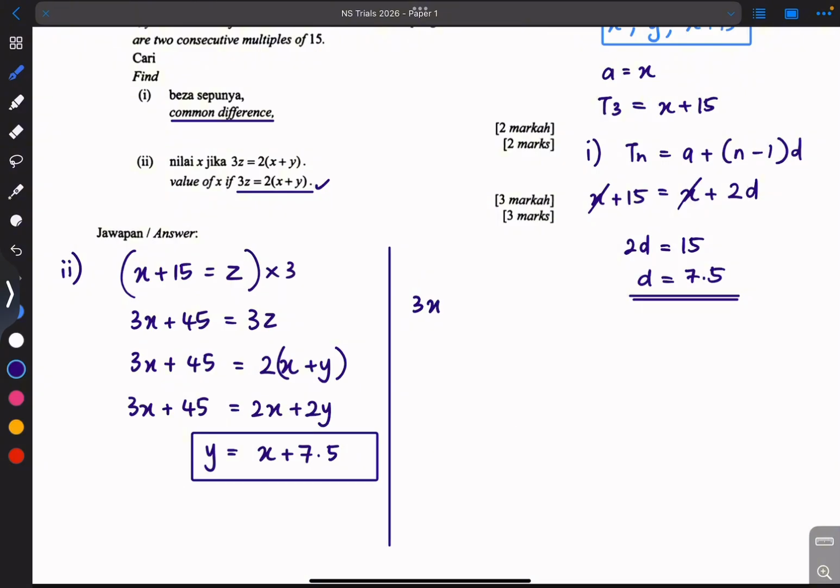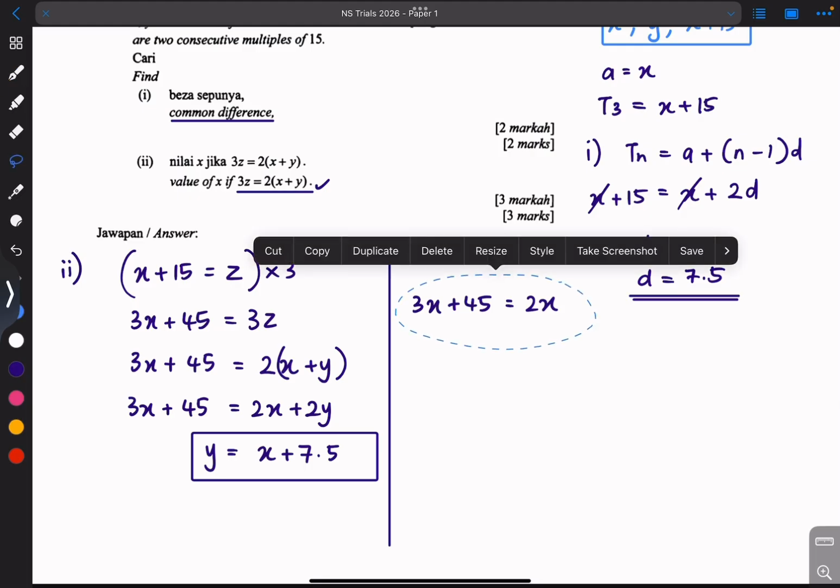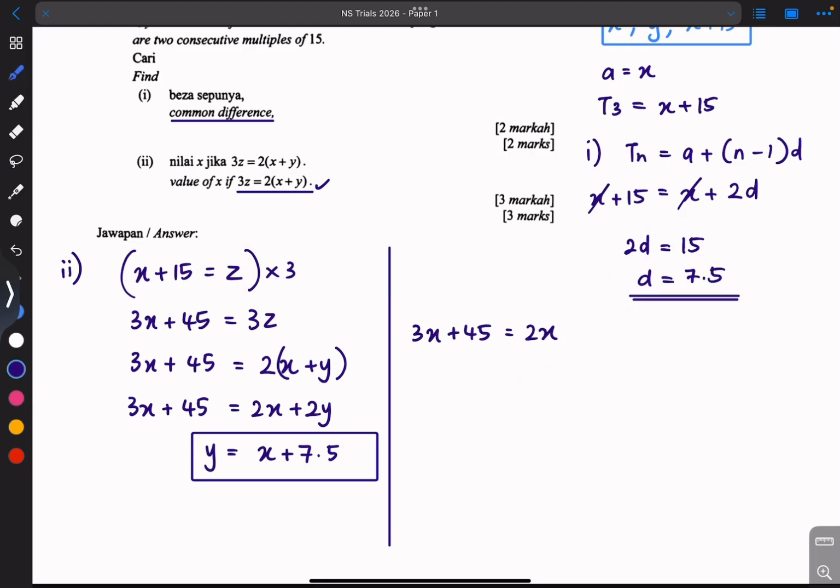So you can sub this into our equation. So we get 3x plus 45 equals 2x plus 2y. Then we expand. Two times 7.5 would be 15.